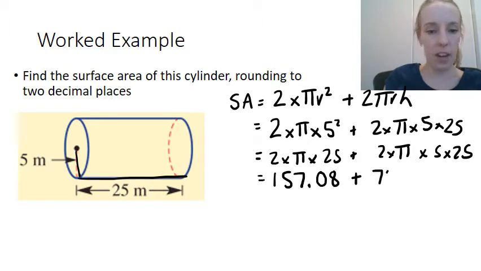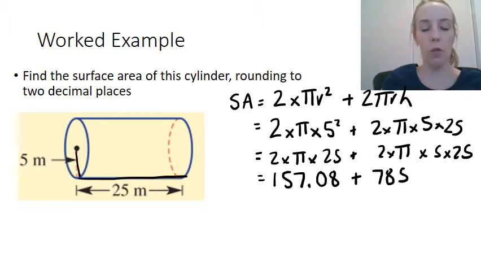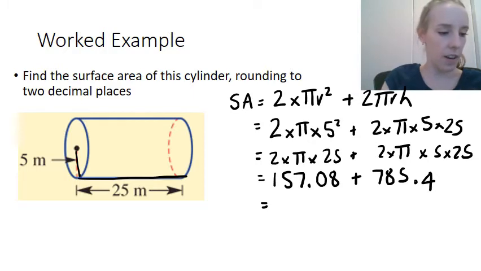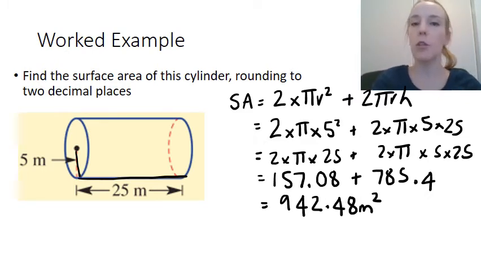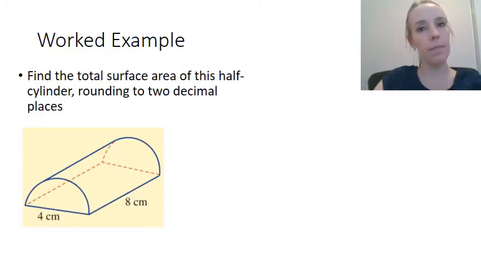And that's 785.398. Again, I'm going to round that to 2 decimal places, so 398 rounds to 0.4. Add those together, 157.08 plus 785.4, 942.48 meters squared, because it's surface area, so make sure you've got your units correct there. And that's all we have to do for that one.